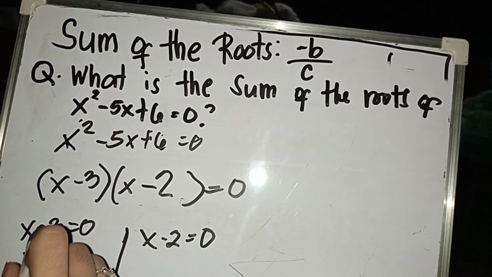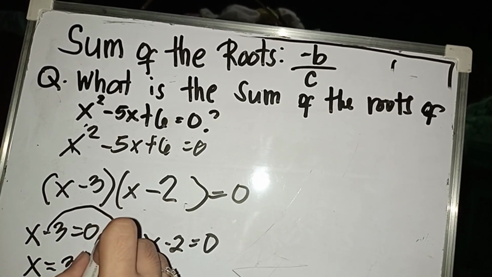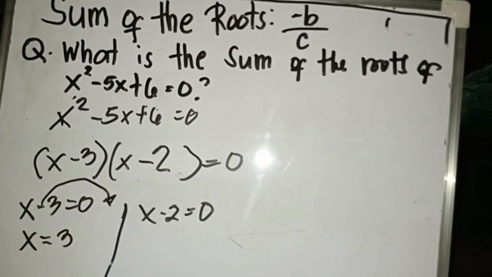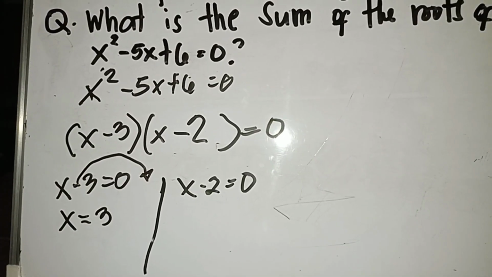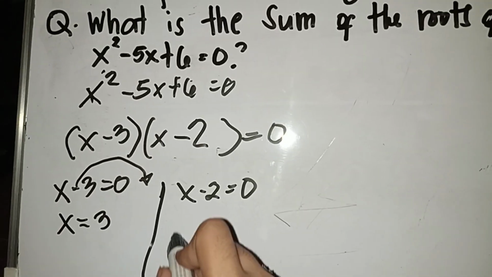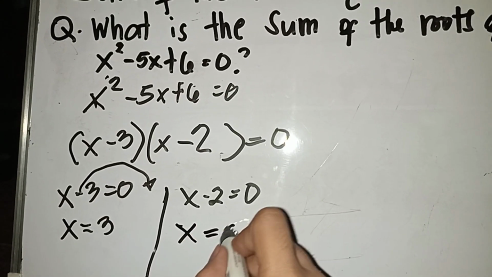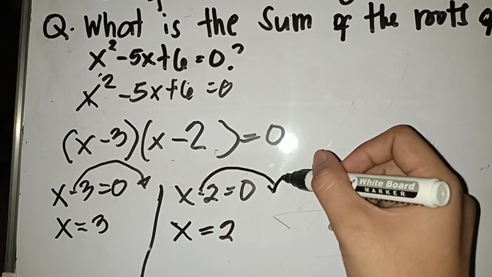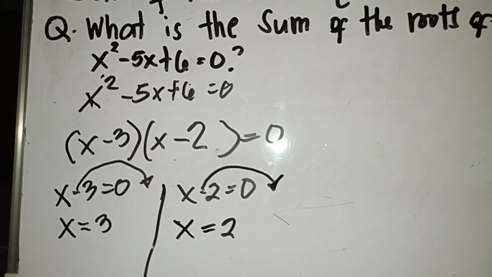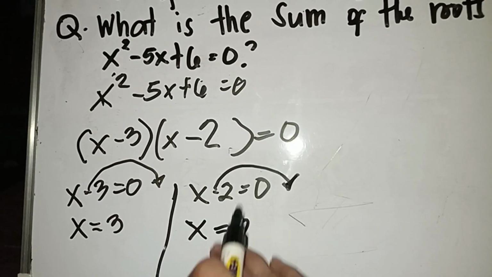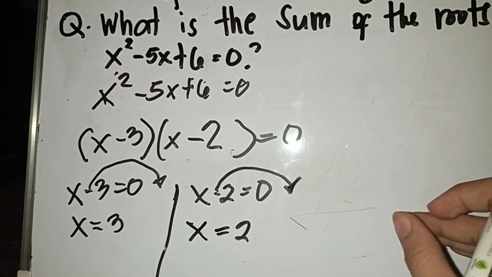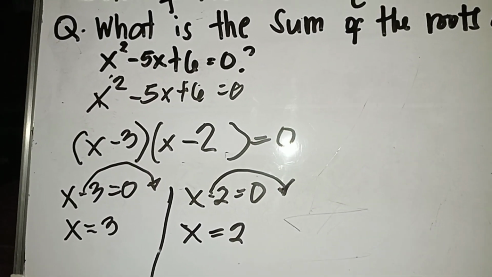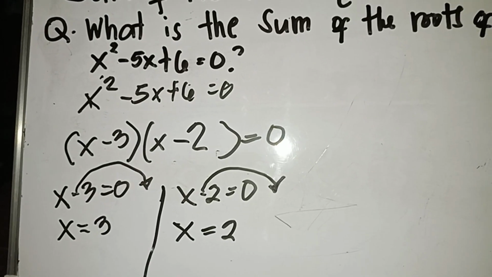We move the negative 3 to the other side, and it will become a positive. On the other side, x is equal to positive 2. Same as the example number 1, we move the negative 2 to the other side, and it will become a positive. These are the roots of the quadratic equation.